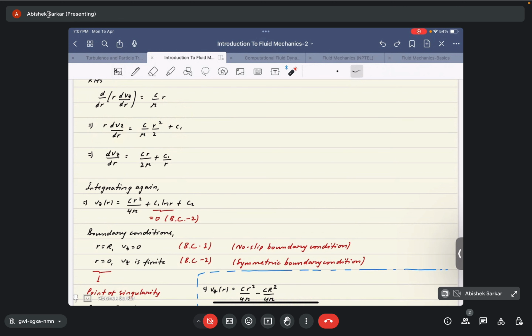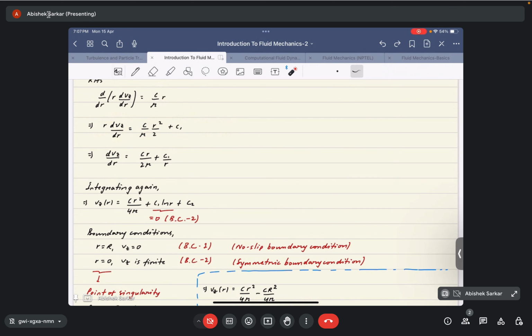So if that's finite, since r equal to 0 and this term is also equal to 0, we are left with c1 equal to 0. So the first constant c1 is 0; the constant c is the one these two derivatives are equal to.